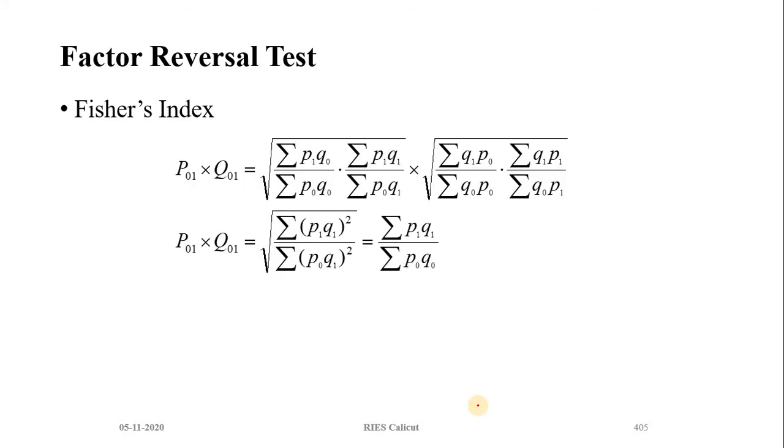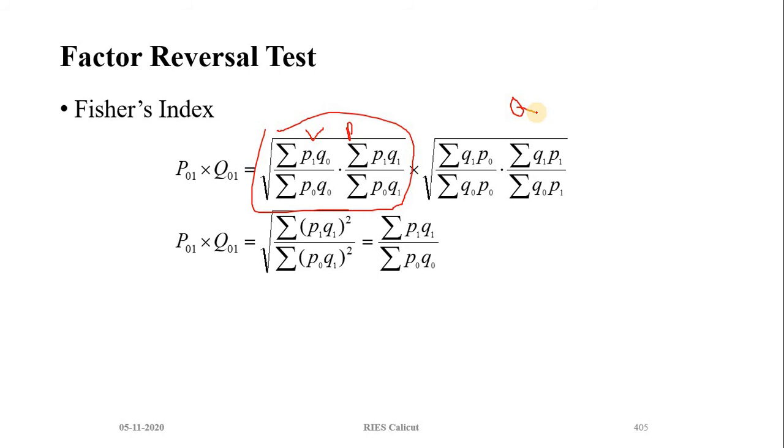So this is the price index number of Fisher. This is Laspeyres, this is Paasche, and we are taking the geometric mean. Now look here, this is the quantity index. I have changed P into Q and Q into P, and it has become the quantity index number.